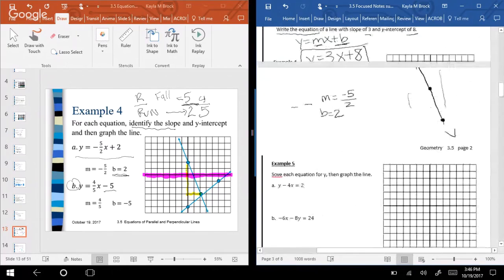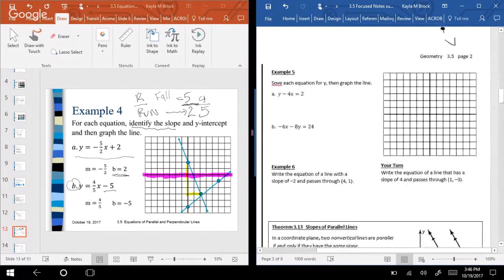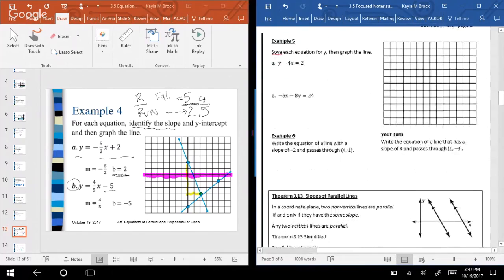Okay, we're just going to skip over this part because it looks like it's not going to function properly. But let's go ahead and continue on.